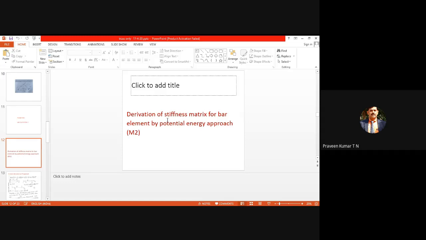If the spring has higher stiffness, I am considering two springs: one with higher stiffness and one with lower stiffness. If you apply the same 100 kg of load to the higher stiffness spring, what will the deformation be? For the first case, I got 10 mm deformation.